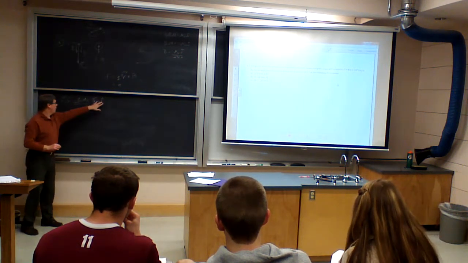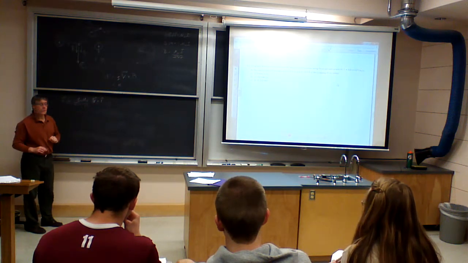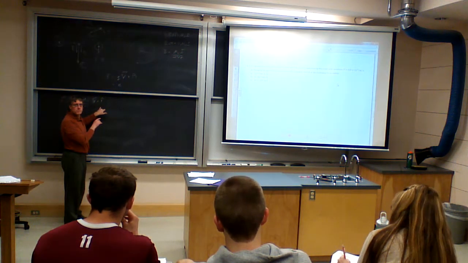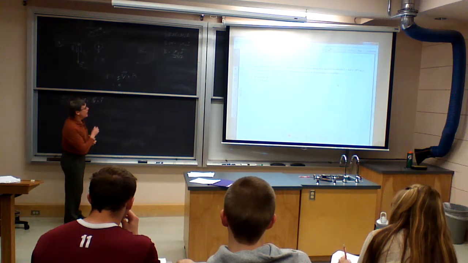The other form would be r vector over r squared. Did I show you that one, or did I give you this one?